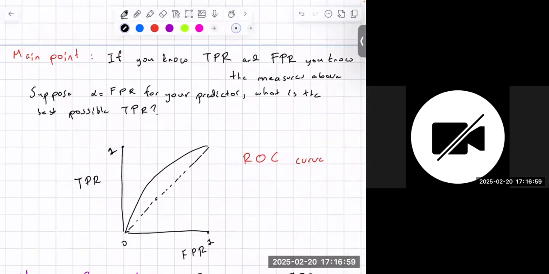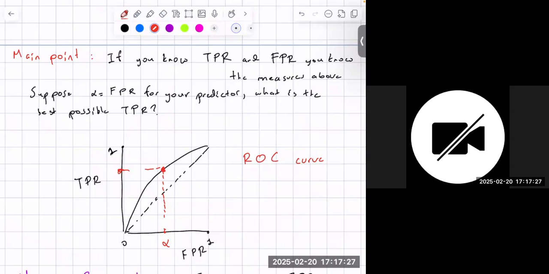They will plot here false positive rate. Let's say this was my alpha. And the thing here on top will be the maximum possible true positive rate for this particular false positive rate. And if you plot it, it will give you a curve that's called the ROC curve, receiver operating something.